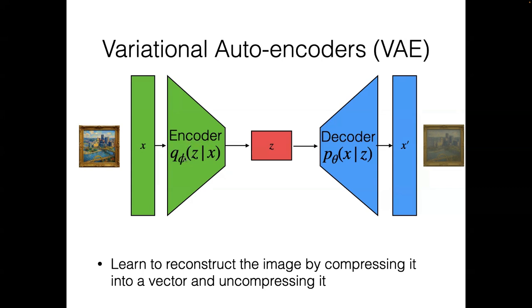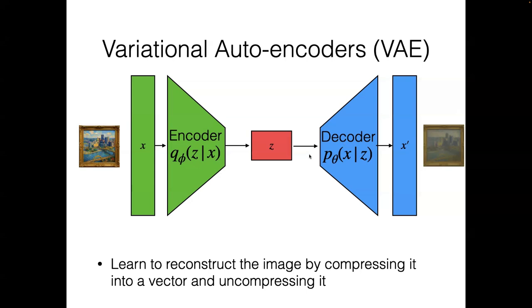The encoder learns to compress the data into this vector. It doesn't necessarily have to be a vector, but it's a latent variable. Then you learn a decoder, which learns to reconstruct the data from the latent variable.